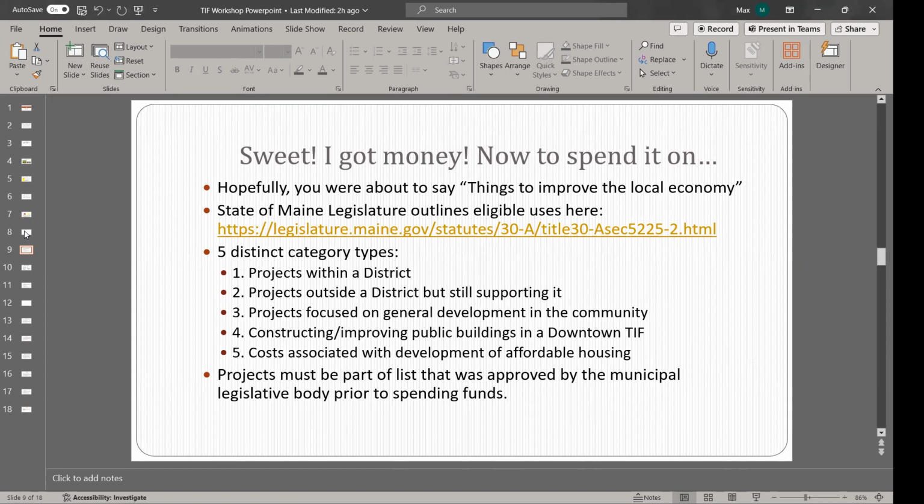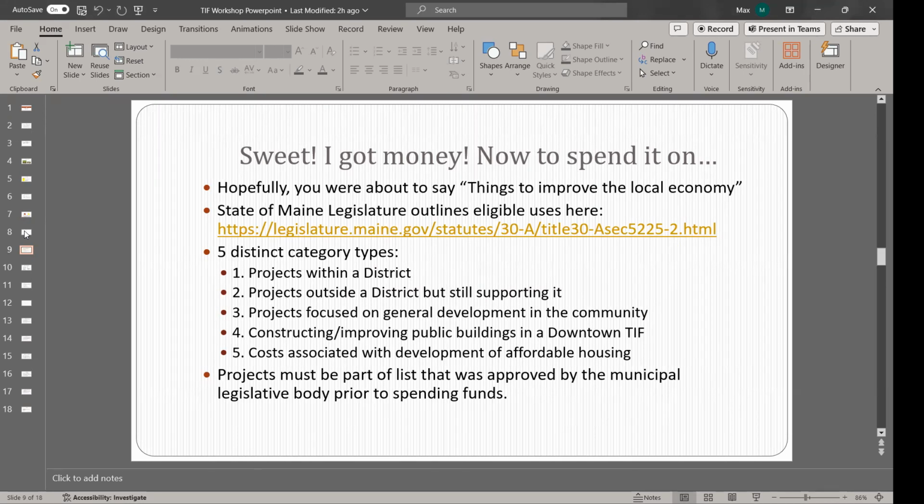But it does break down into 5 distinct categories. And again, I'll send this out after the meeting to anyone who provides me their email. There are projects that occur within a TIF district itself. There are projects that are outside of the TIF district, however, it's used to help support said district.